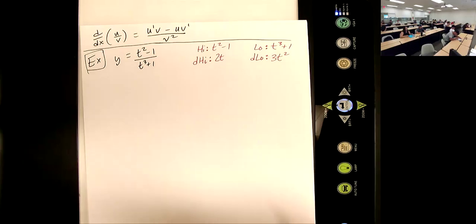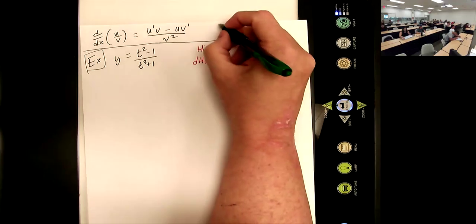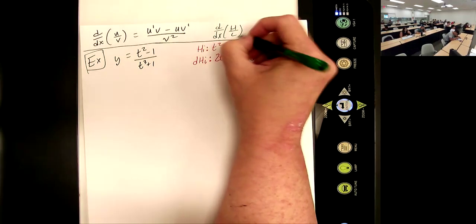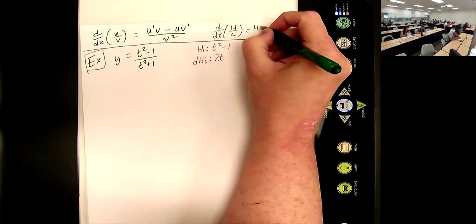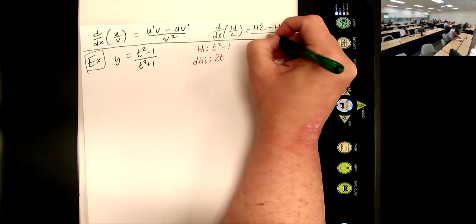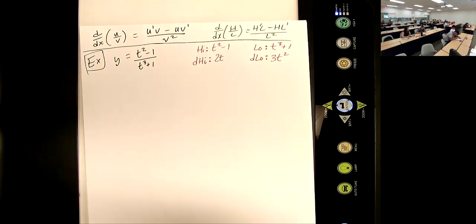And remember the constants, the derivative of a constant is 0. And if I said this was d/dx of high over low, we have high prime low minus high low prime over low squared. We can follow that pattern here.